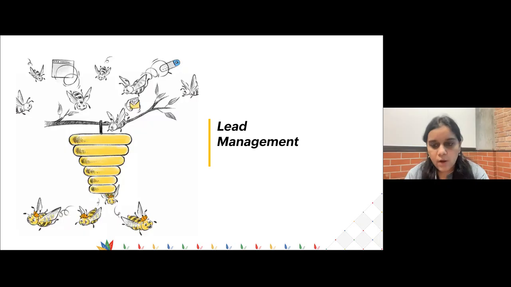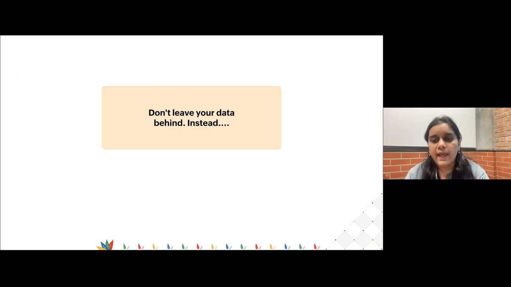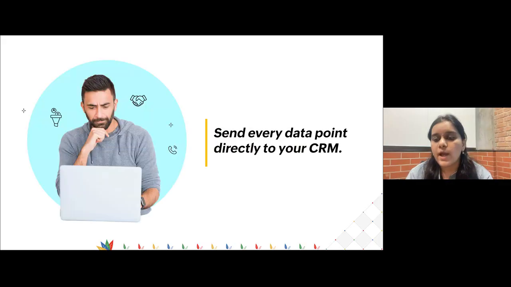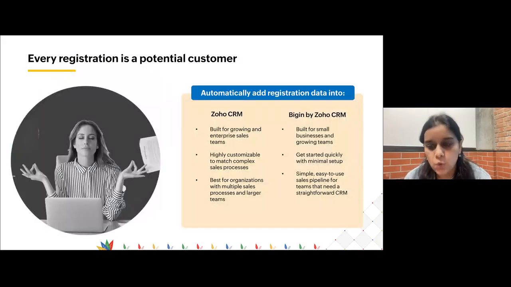So with Zoho Forms, every submission can be directly sent into your CRM, where it becomes a part of your sales and customer journey. Zoho Forms has native integrations with both Zoho CRM and Bigin by Zoho CRM. Zoho CRM is built for growing and enterprise teams with complex multi-stage processes.